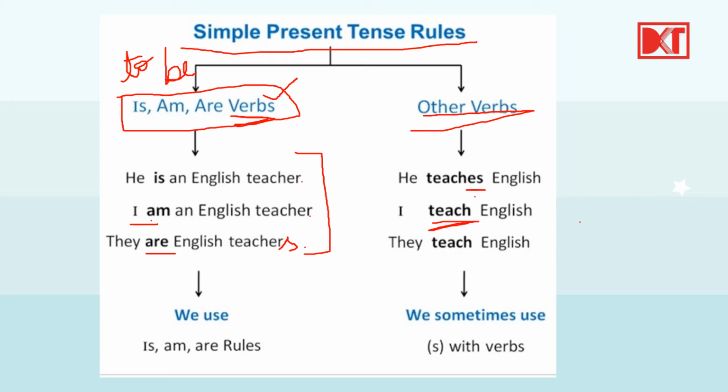Alright, so we sometimes use s or es with verbs. And here we use is, am, are verbs. These are the basic rules. Now let's move on to further details in the formation of the simple present.